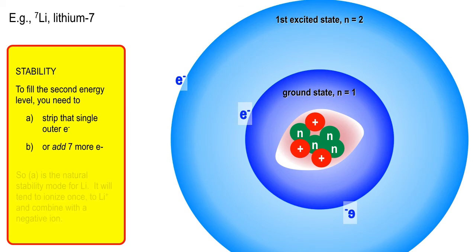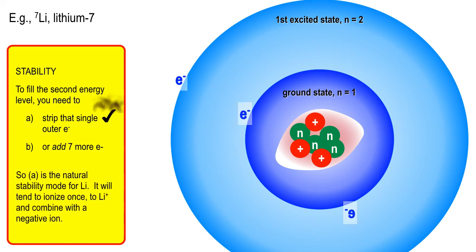All right, so what nature tends to do is to strip that single outer electron instead of adding 7. It's easier to strip 1 than it is to add 7. So the natural stability mode for lithium is basically to ionize it once.